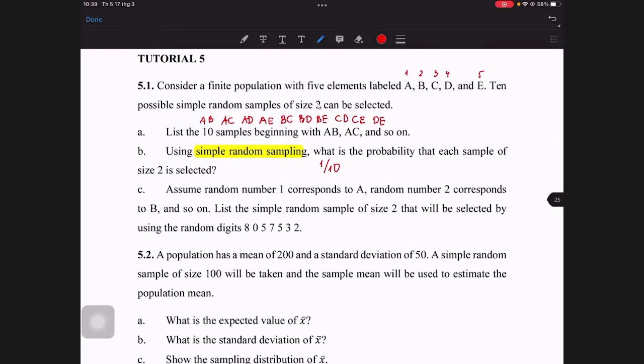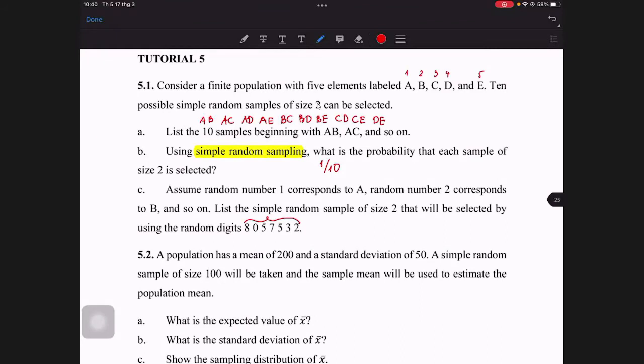Then we give them a number, and we use a computer to generate random numbers. Based on the random numbers, we can choose our sample. Let's suppose that the computer generates these random numbers here. We are going to base on these random numbers in order to select a sample of 2 elements.